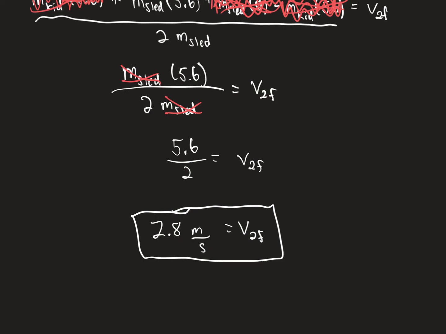So try to put, okay, this is my answer to part A. Specify that that's your answer to that part of the problem so that I don't have to guess. I will guess, but try to make my life a little easier. Okay, so that's 2.8 meters per second for V2 final. Any questions on that?